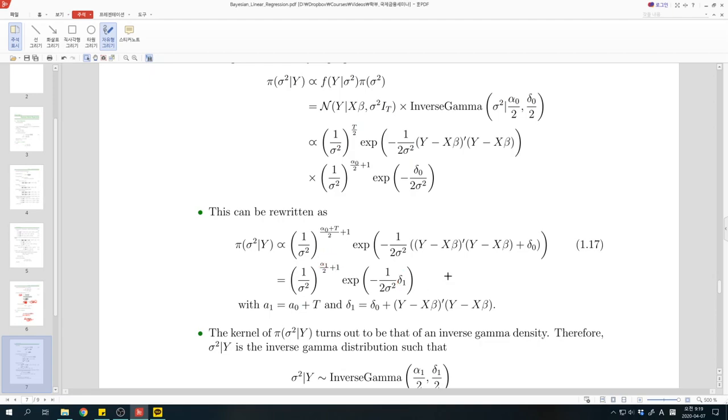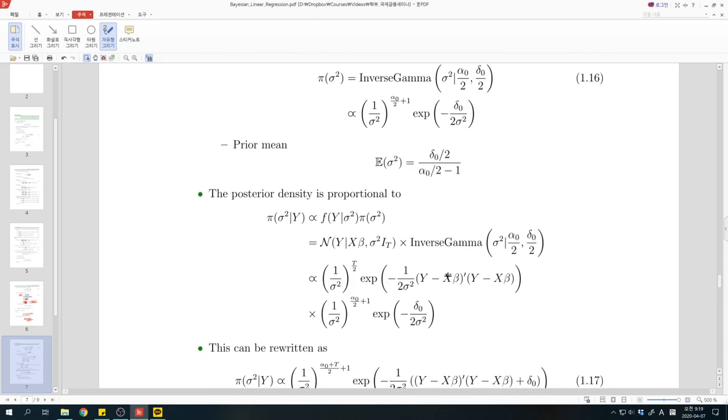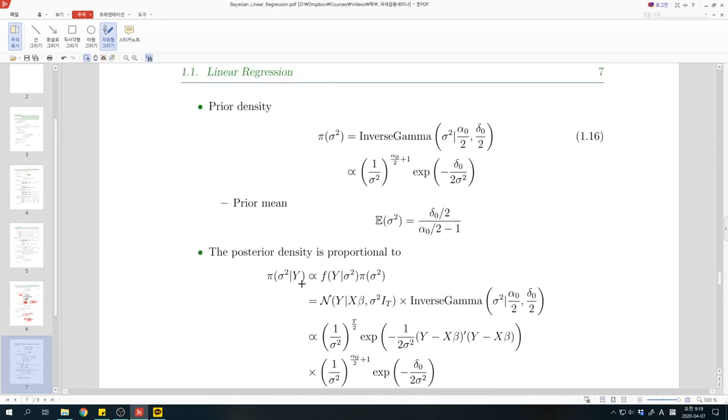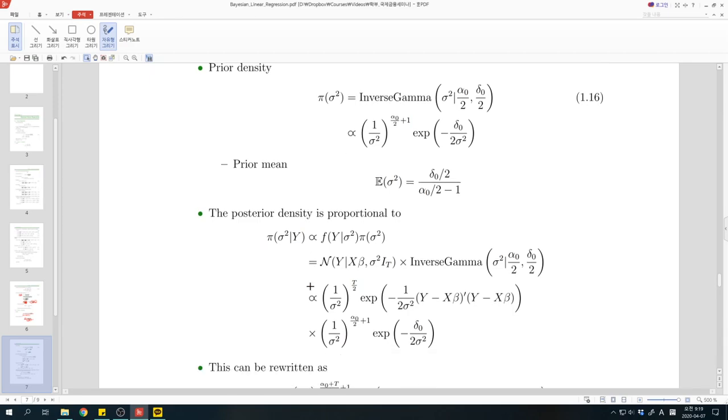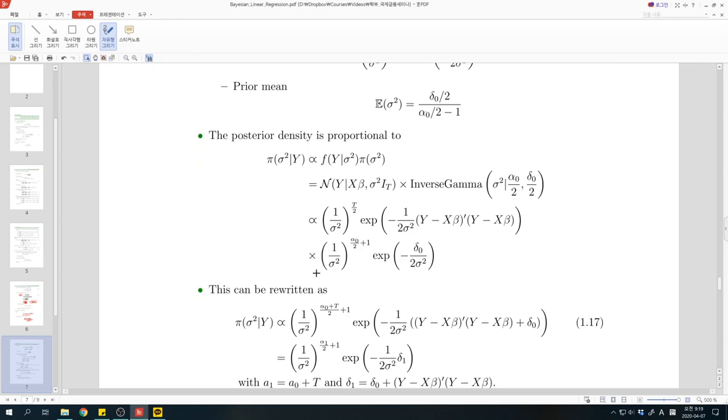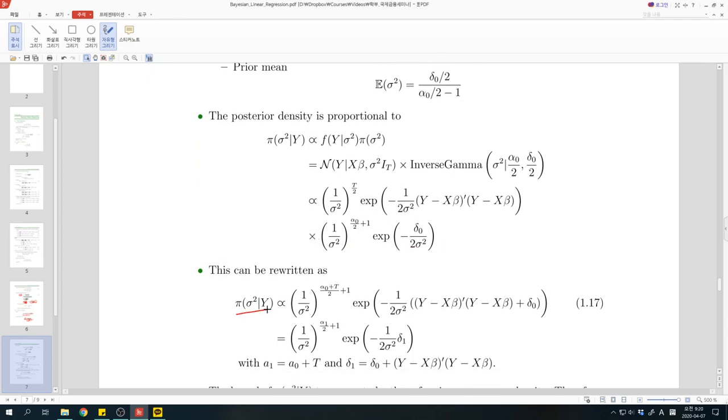Then we are done, right? Again, we want to know the posterior distribution of sigma square given y. To see this, we compute its posterior density. According to our posterior density computation, the posterior density is what?